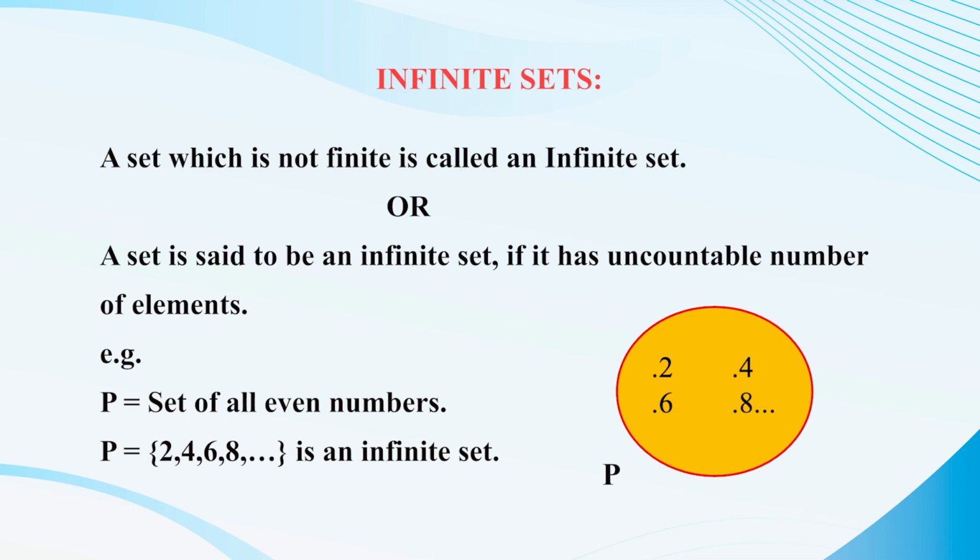This set will contain all the even numbers starting from 2, 4, 6, 8 and so on. As this collection is going on and on, that is why it is an infinite set. If we take this circle as P, it will have infinite many elements in it.